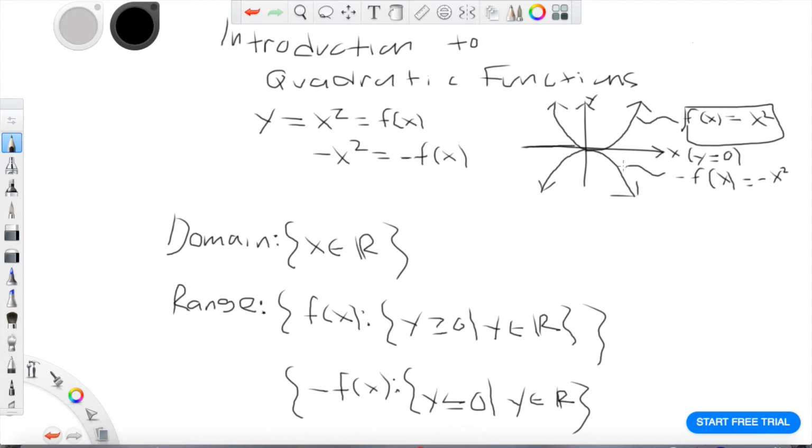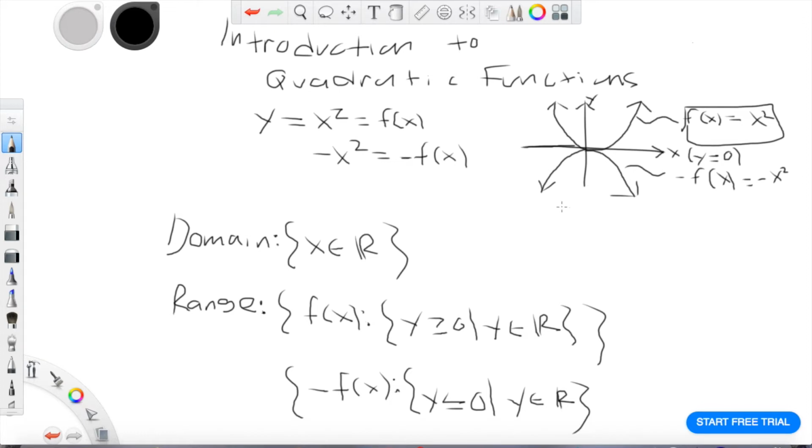And the maximum value that it could take on is going to be y is equal to 0. And the minimum value that f of x can take on is going to be y is equal to 0. So you can see the correlation between the two when you take this original function, and you reflect it about the x-axis.